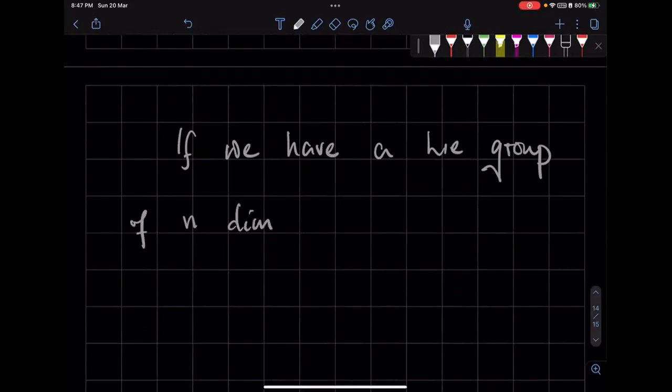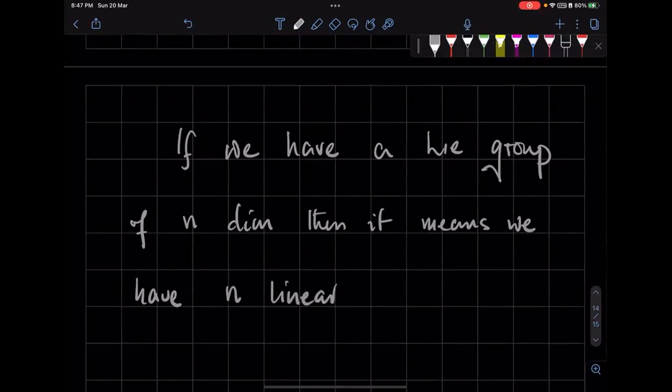It means we have n linearly independent generators, right?